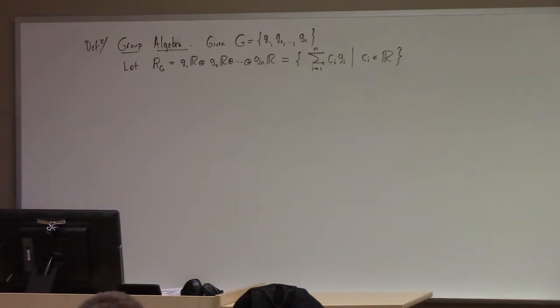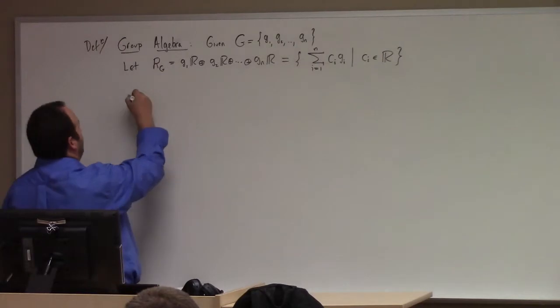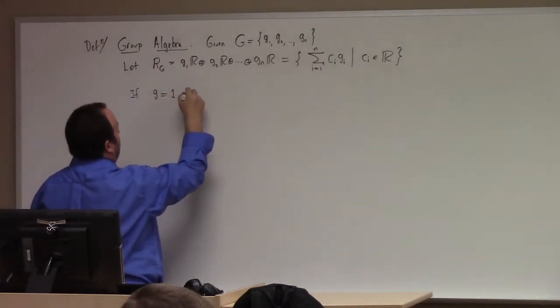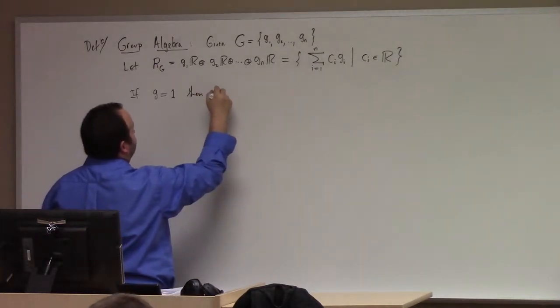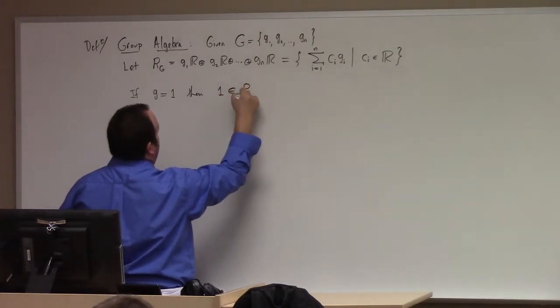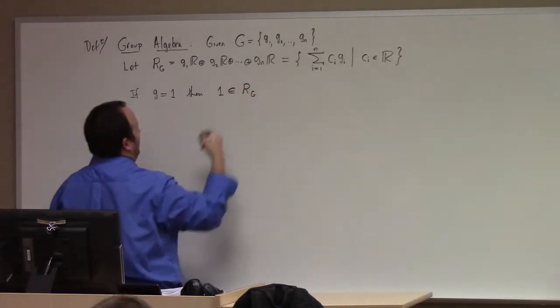And so you add them in the obvious way. To add these things, add their coefficients, and you multiply them in the obvious way. It's easy enough to verify that this functions as a ring, in fact, a ring with unity.